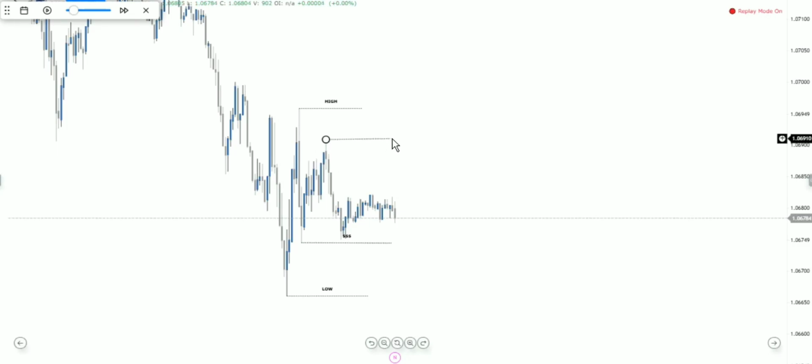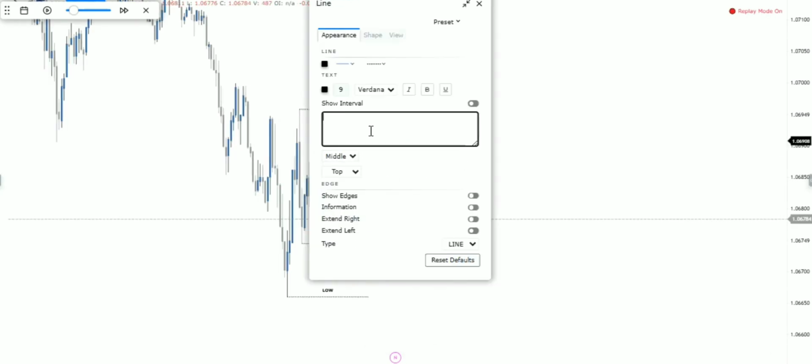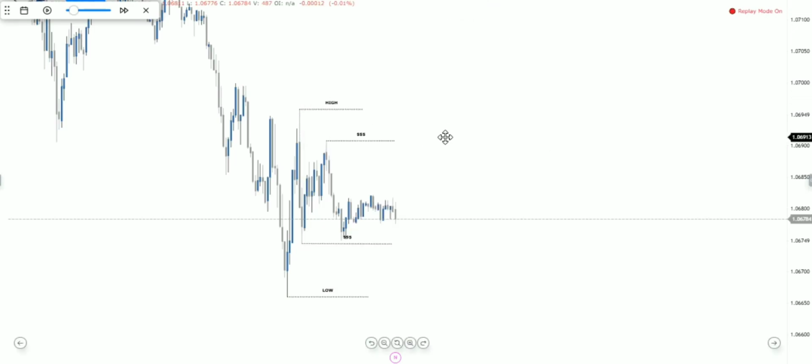Liquidity not taken becomes S, and then liquidity taken becomes X. So I'll go a bit more into depth about that. However, for now, liquidity not taken becomes S and liquidity taken becomes X, right?